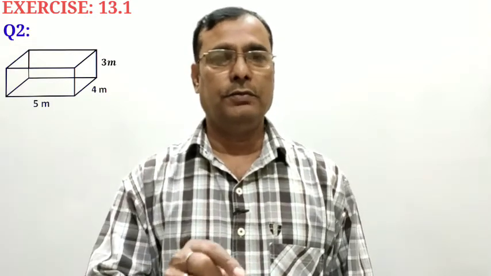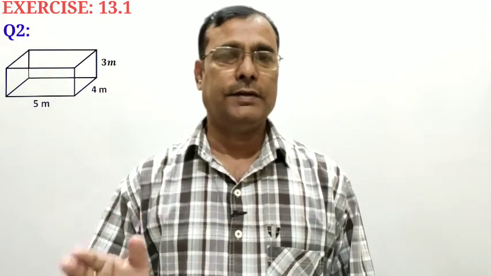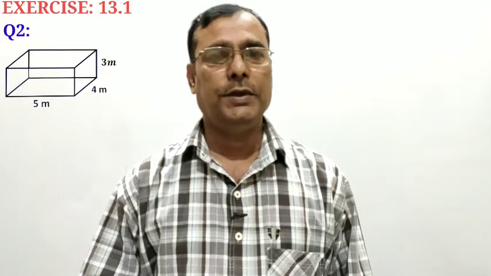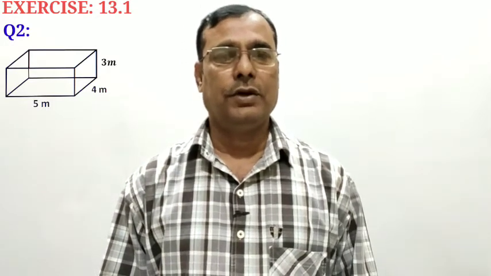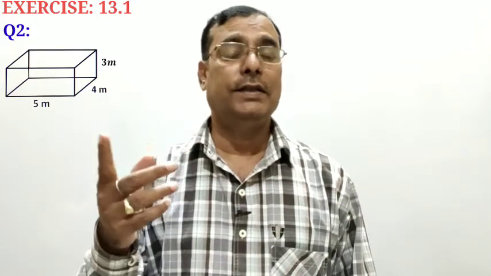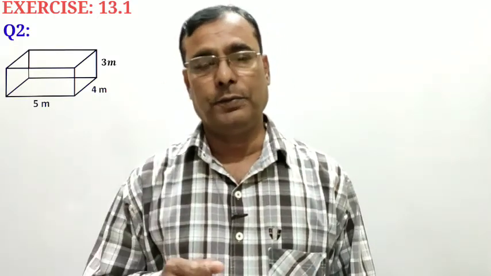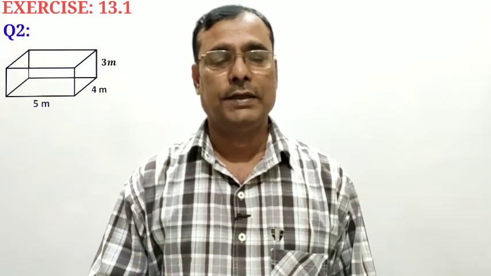Length of the room 5 meter, breadth of the room 4 meter and height of the room 3 meter, it is given. We are going to find out cost of whitewashing the 4 walls of the room and ceiling at the rate of rupees 7.50 per meter square.